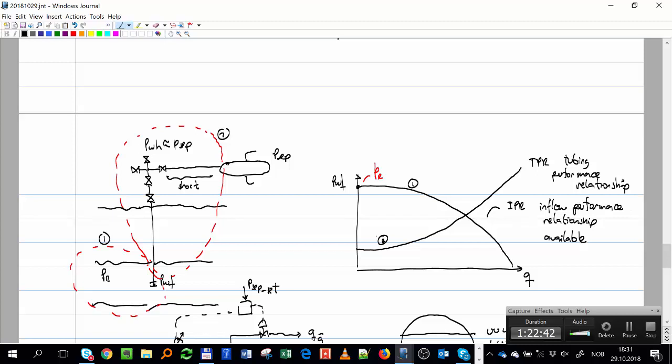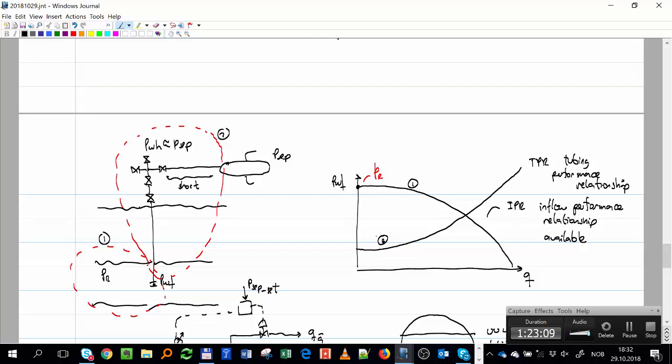So the only feasible pressure for that system to operate at is when both of them are the same. They cannot be different. The only point where these two curves can operate is exactly here, where the two of them are the same.